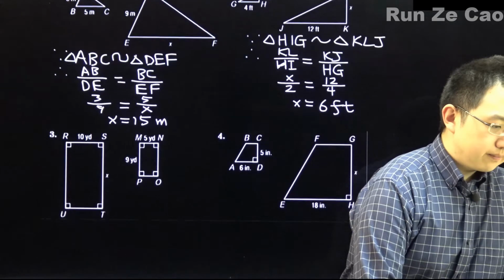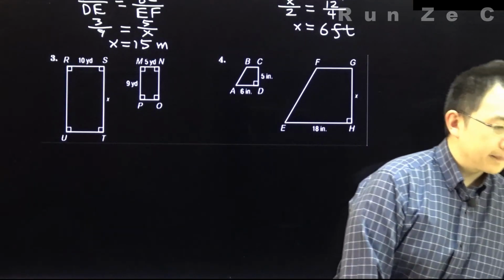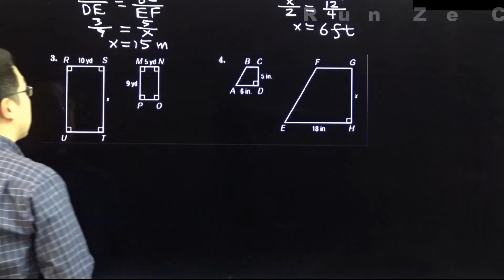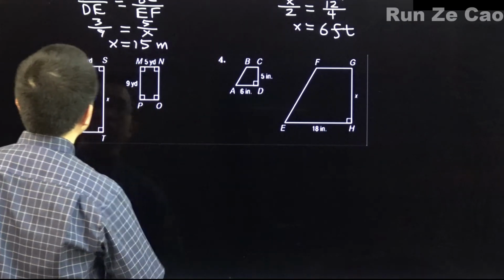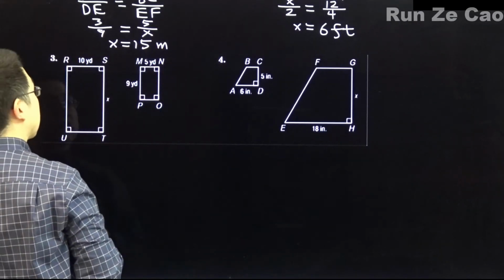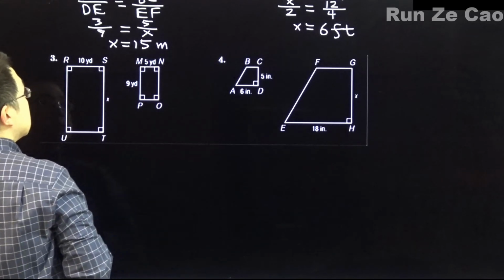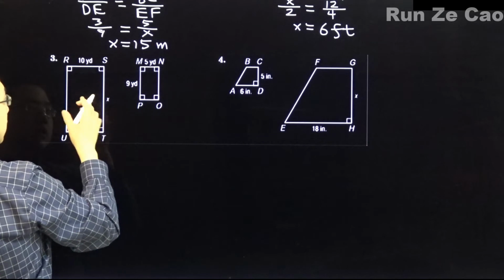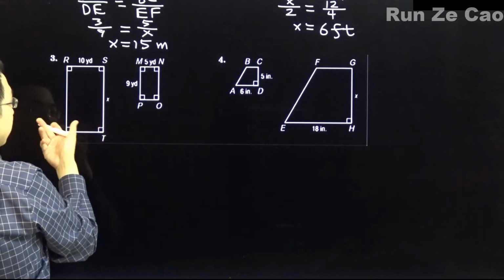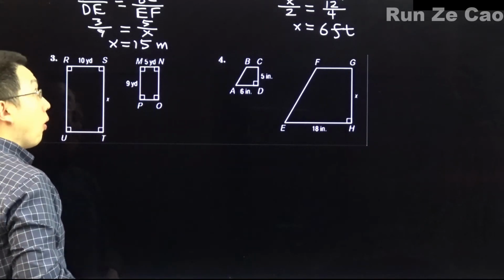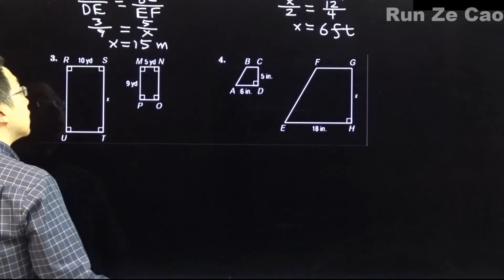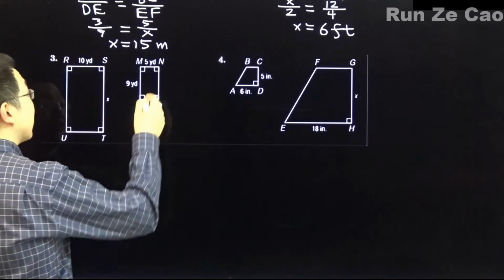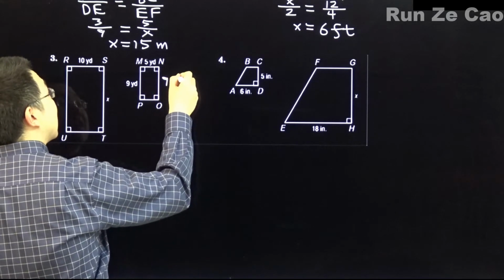Now, here we have similar rectangles. Well, we're told they're similar at least, so we treat them as if they actually are. Now, we could say that, oh, this shape, when we're doing similarity, it was flipped over. Or we could just say, guys, they're rectangles. Therefore, this must also be 9 yards.